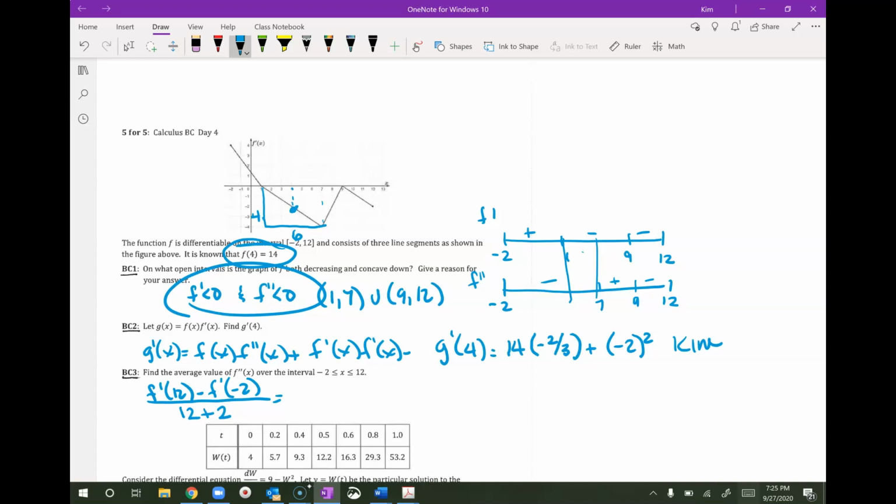F prime of 12 looks like negative 2, minus f prime of negative 2, which would be negative 1, all over 14.